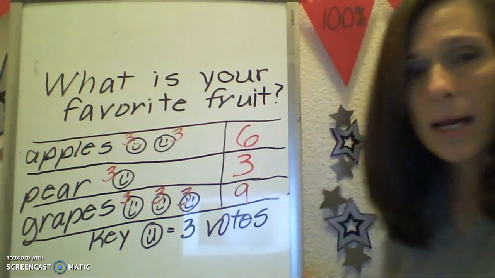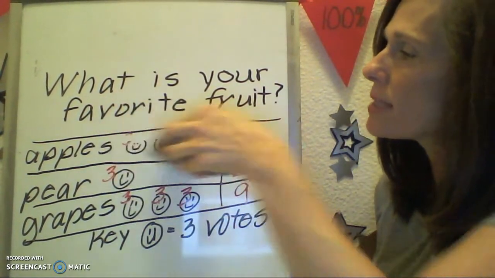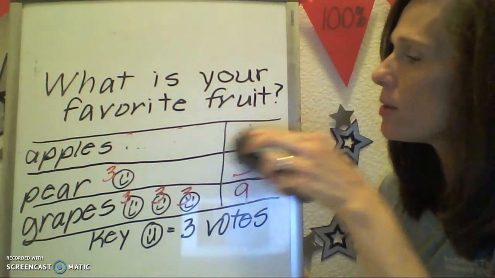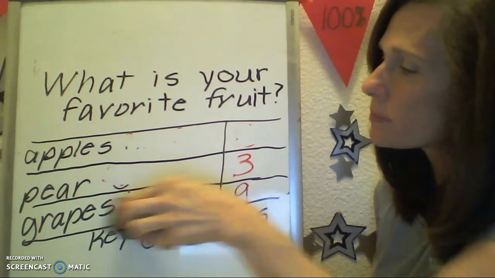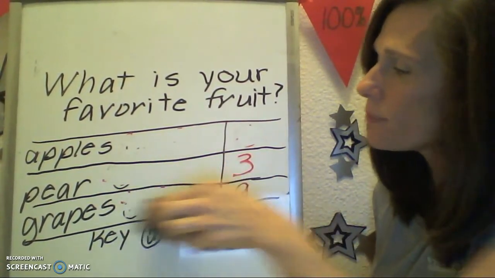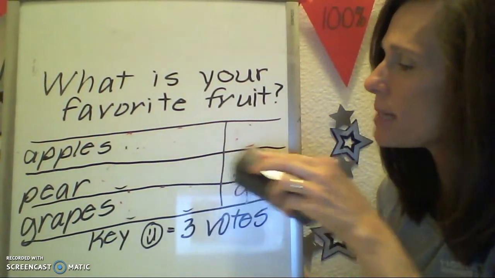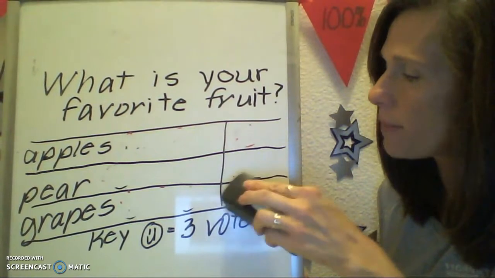Okay, now sometimes the key might just be 1 vote. So let's go ahead and do it that way. Okay, so I'm going to erase my happy faces and my totals here for this graph. We'll just keep our same question and our same choices, but I'm going to adjust the key down here at the bottom.